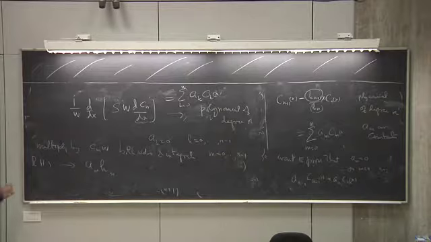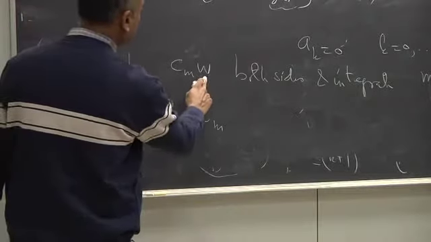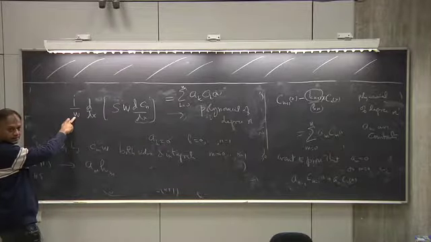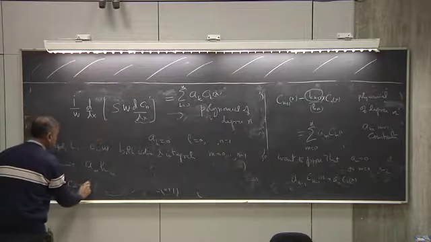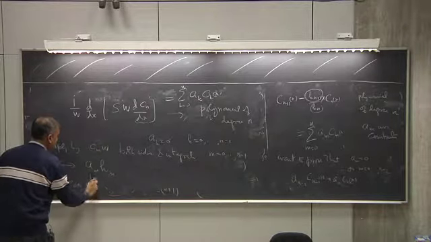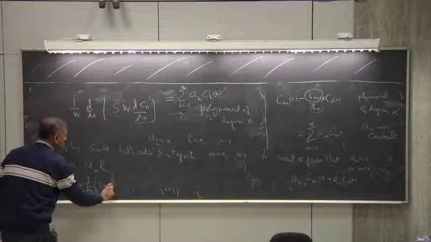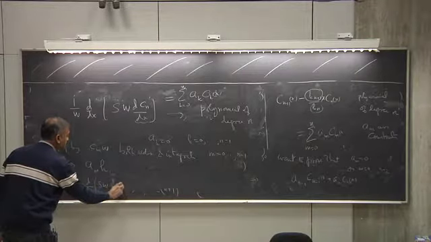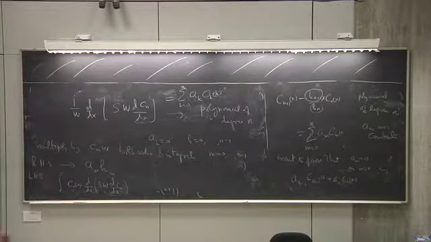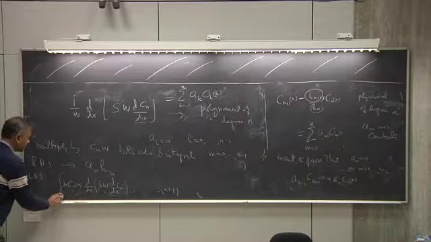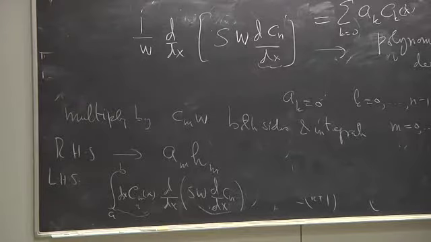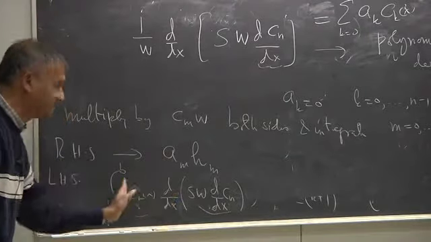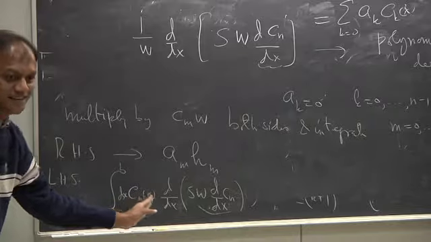What about the left-hand side? Once you multiply by W times C_m, W cancels, and you get the integral of C_m(x) times d/dx acting on S W d/dx C_n, dx from a to b, whatever that interval is. Again, the same thing: you start doing integration by parts.